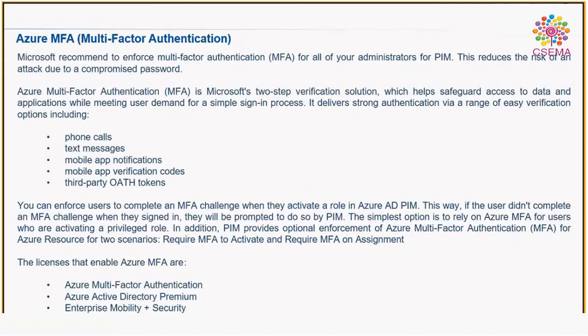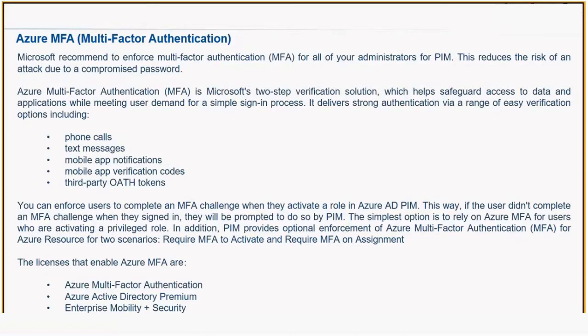But our recommendation normally goes with phone calls or text messages. You can enforce users to complete an MFA challenge when they activate a role in Azure AD PIM. If the user didn't complete an MFA challenge when they signed in, they will be prompted to do so by PIM. So the simplest option is to rely on Azure MFA for users who are activating.